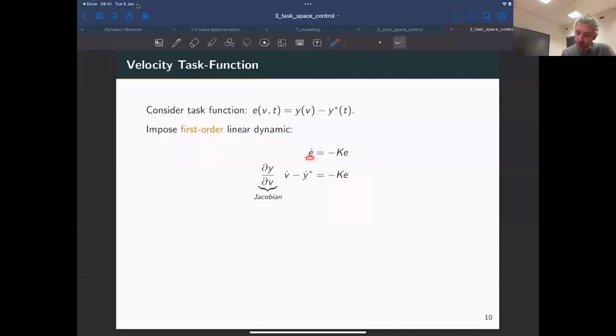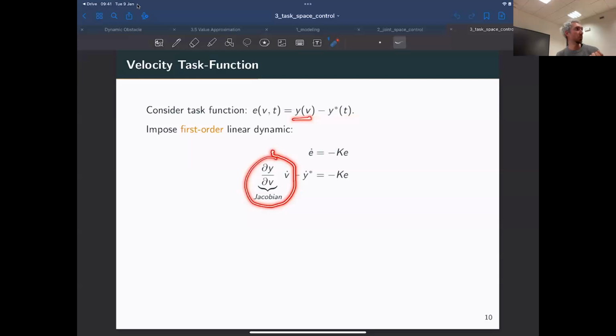So E dot is nothing more than Y dot minus Y star dot. So Y star dot, we have it here, and Y dot, through the chain rule, we can express it as the derivative of Y with respect to V times the derivative of V with respect to time.